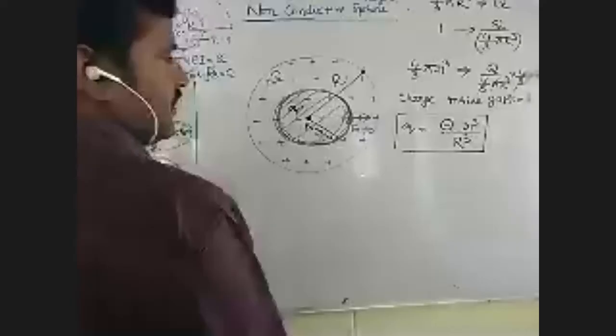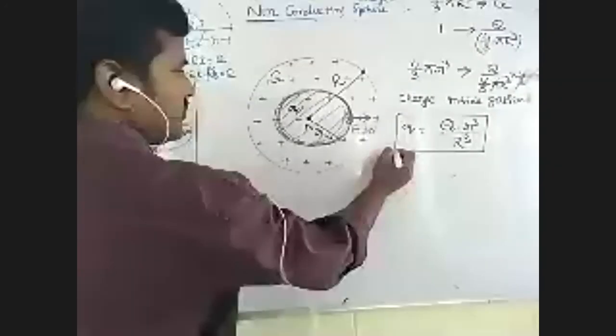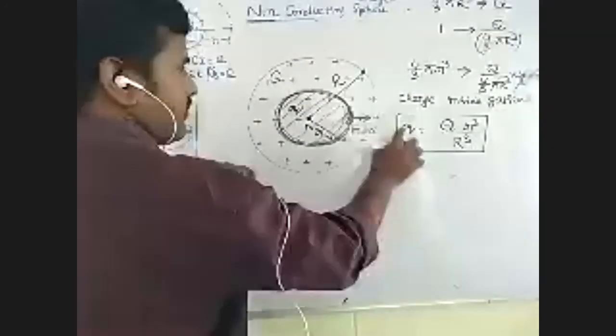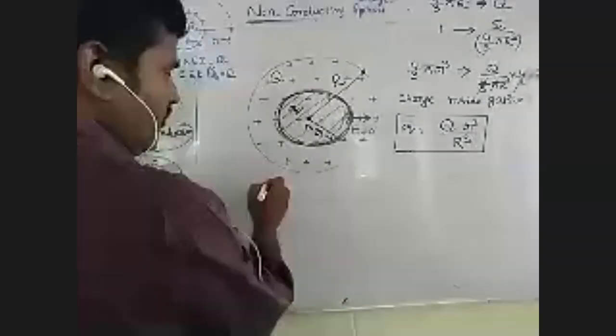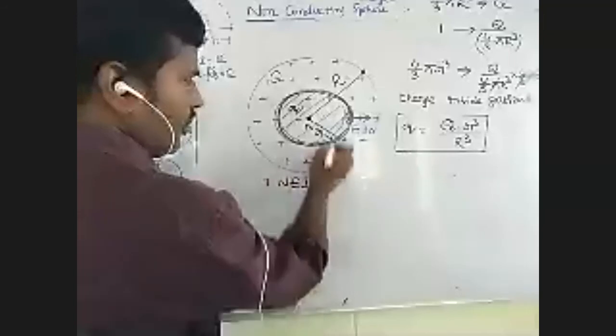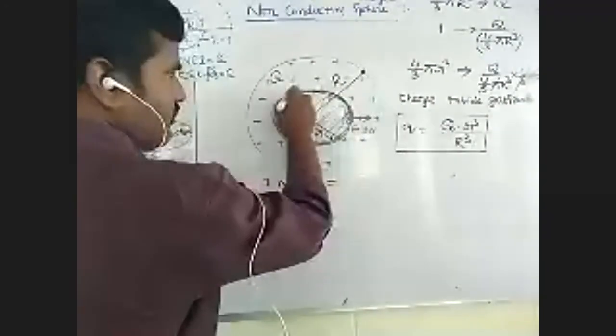Total charge is capital Q, but only the charge inside the Gaussian surface is small q. Small q equals capital Q into small r cube by capital R cube. So inside, the charge becomes Q r cube by R cube. By Gauss theorem, TNEI equals the total charge enclosed in a closed surface.